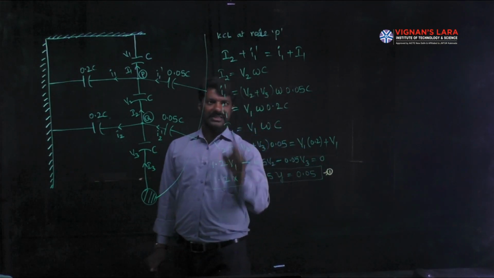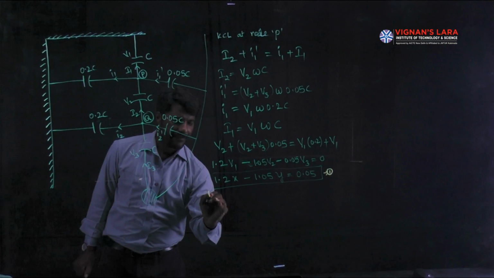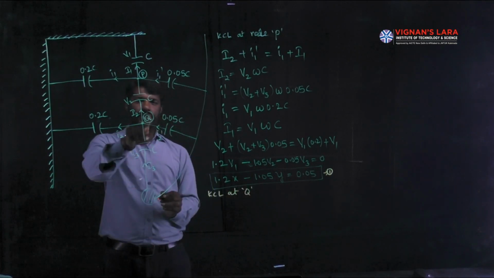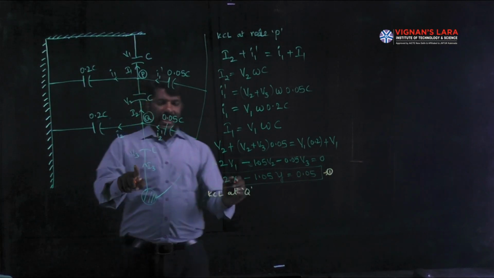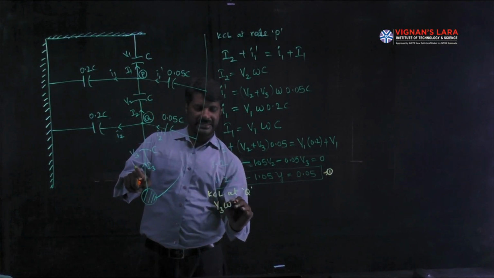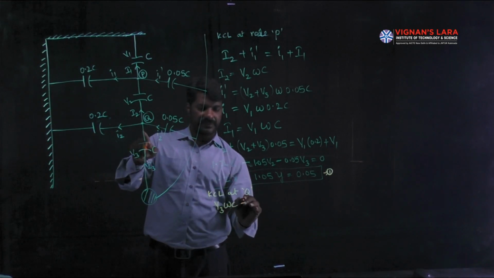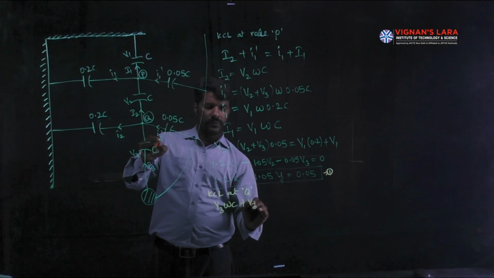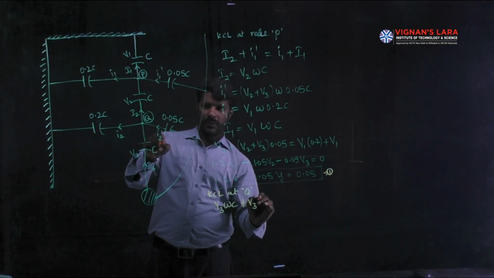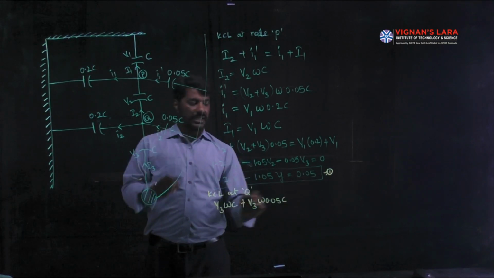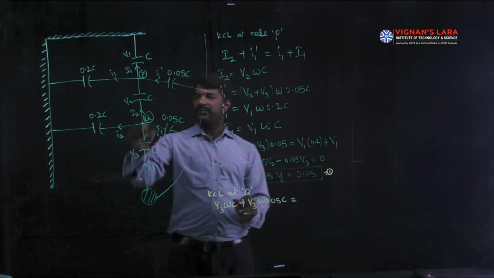In the same lines, if I write the KCL at the qth node, then the I3 current, which is equal to V3 omega C, the sum of incoming currents, plus the I2 dash current, which is equal to V3 omega 0.05 C, is equal to the sum of leaving currents.